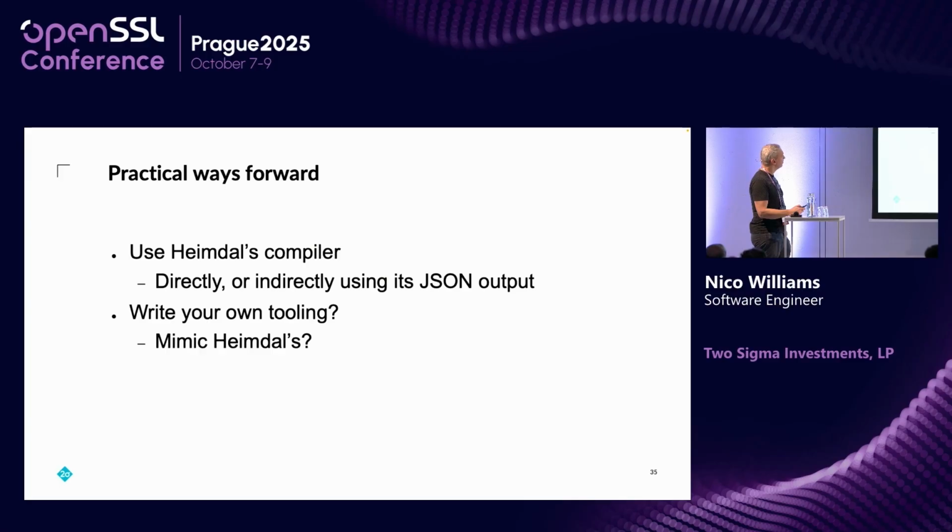You could write your own tooling. You could mimic Heimdal's to some degree. I think it's probably a good idea, except maybe not using Bison. Maybe you want to write your own parser generator for that. You could fork Heimdal's. That's a little tricky, right? So I'm told that everything has to have copyright assignment in OpenSSL. So that's probably not an option.